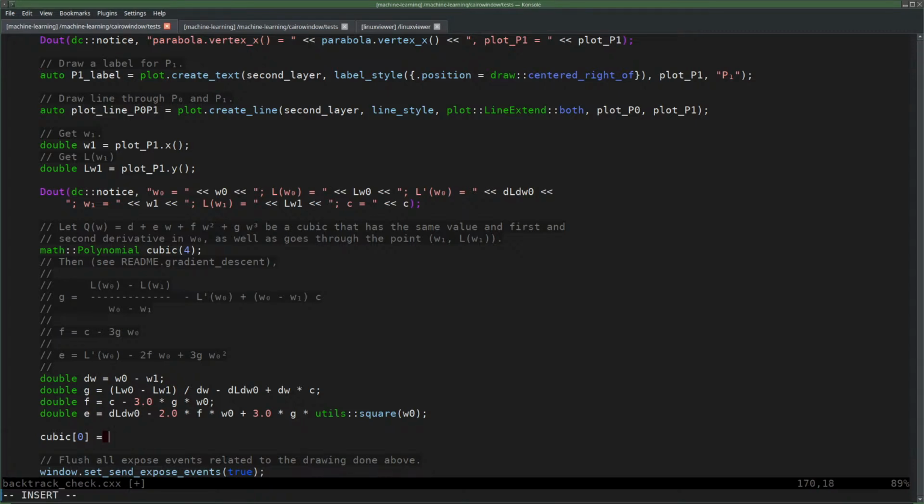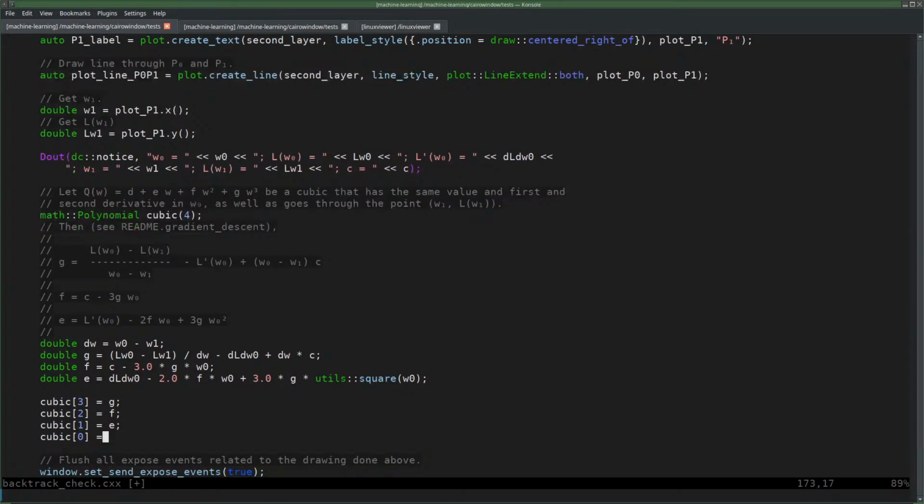We can just assign these. So this should be 0 if it is already correct, and it should be larger than 0 if the resulting evaluation is not enough.